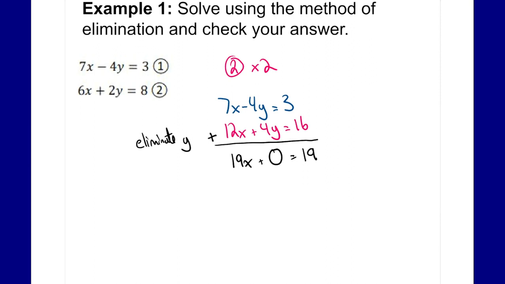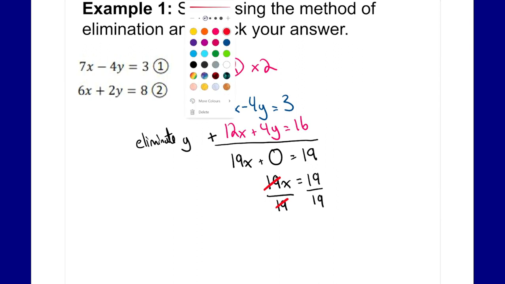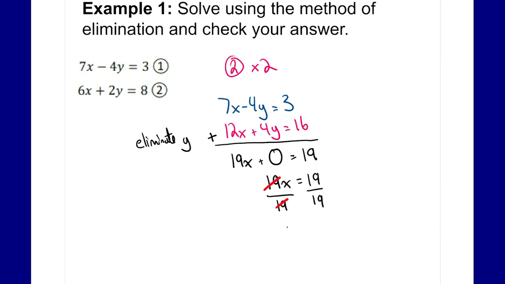Now that our variable is gone, we can start to solve our equation because we have 19x equals 19. I'm going to solve for x, divide both sides by 19. One side cancels out, and I'm left with x is equal to 1.